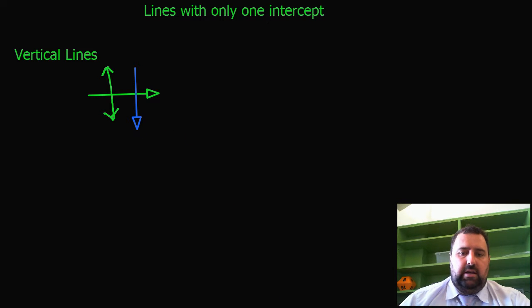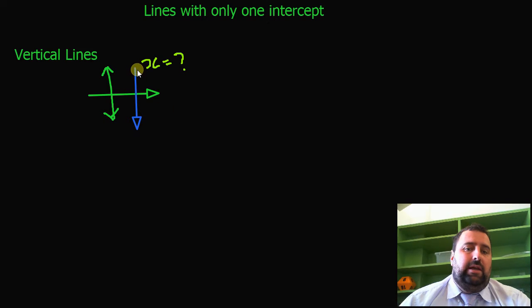All right, it is going to have the equation x equals something, a number. It could be 2, could be 3, it could be negative 100. All right, but it doesn't involve y, because no matter what y is, x is still the exact same thing.